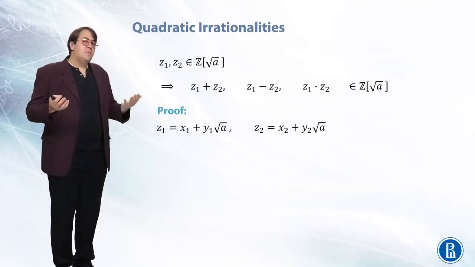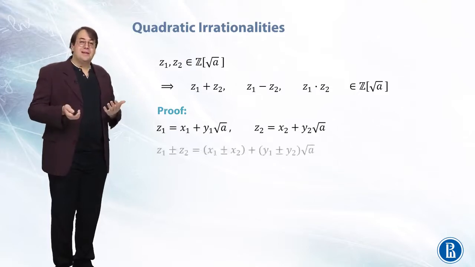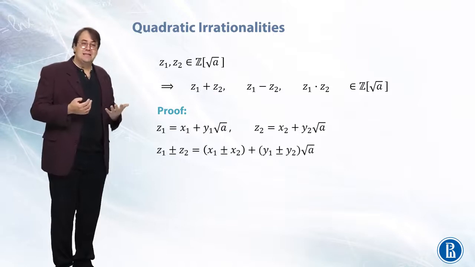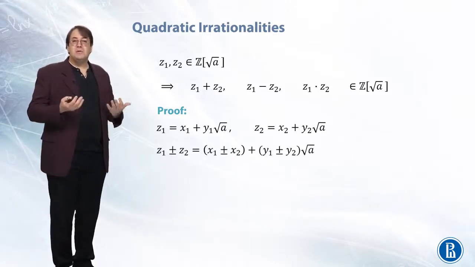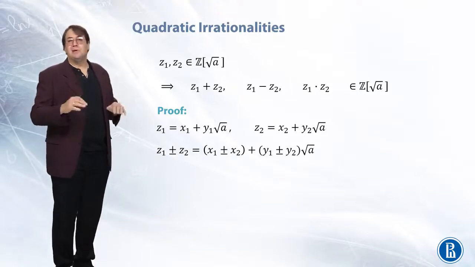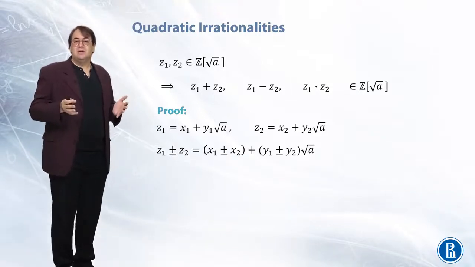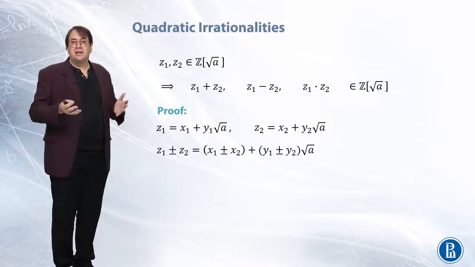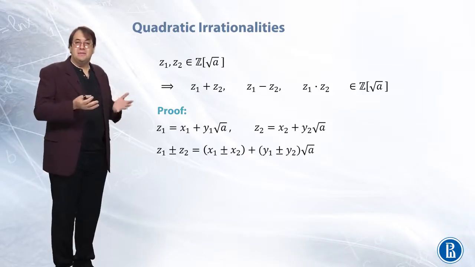Well, it's obvious, I suppose, that both the sum and difference of z's are represented as integer plus integer multiplied by square root of a, because we can certainly make these parentheses.